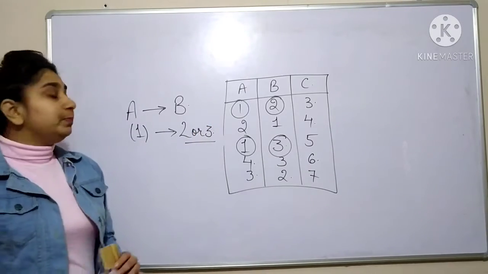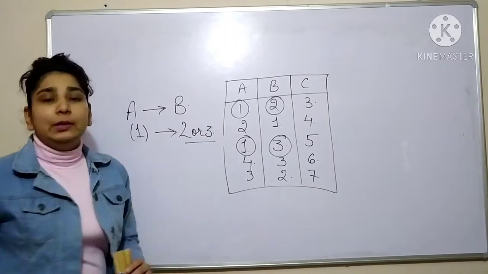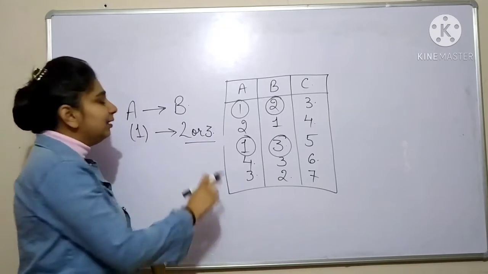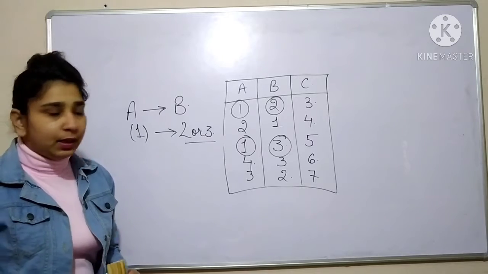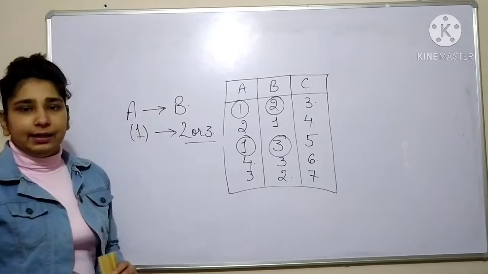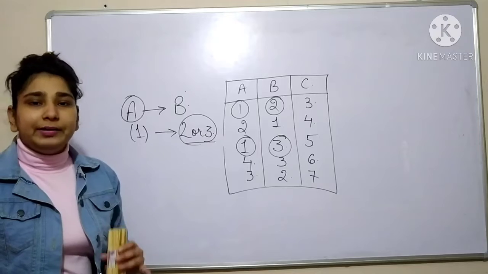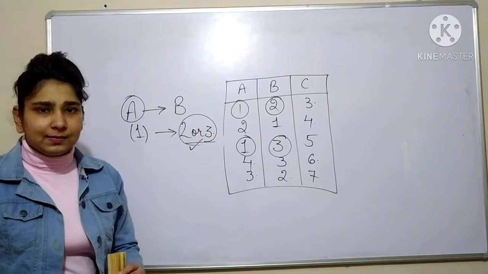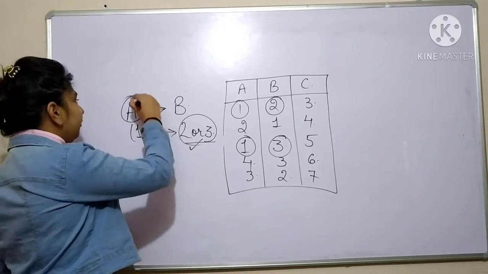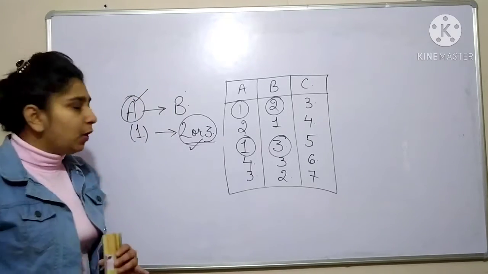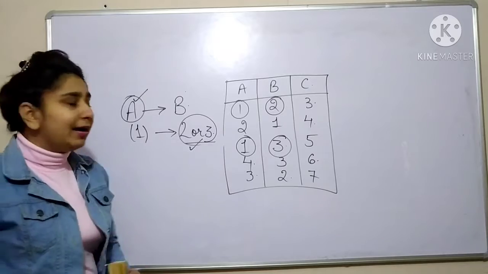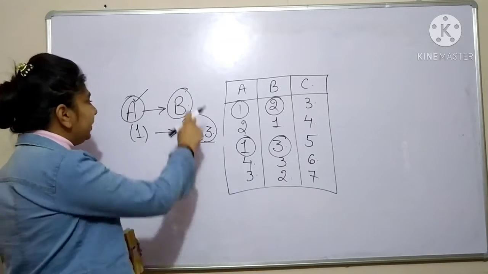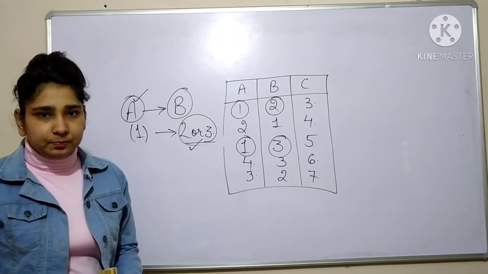If you look at it, we are not able to get a definite or exact answer for the value of A. If you are given the value of A, you are not able to determine the value of B uniquely.